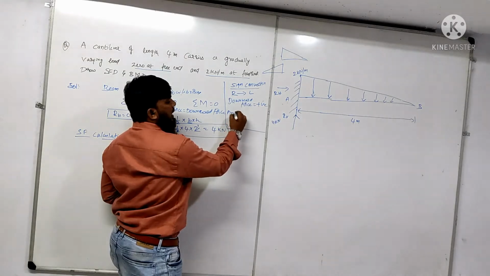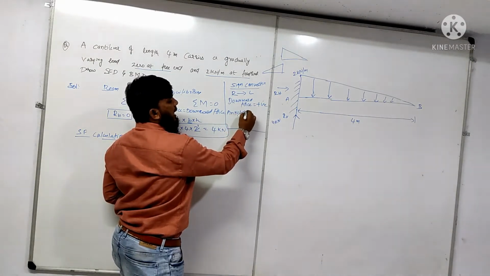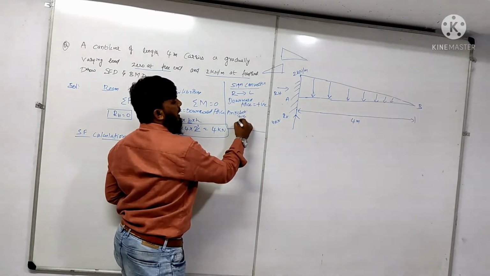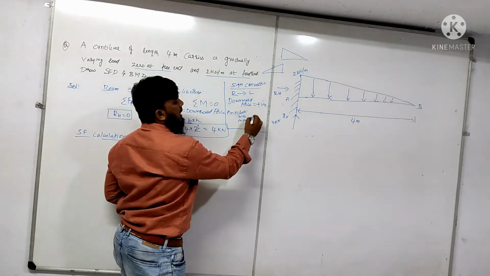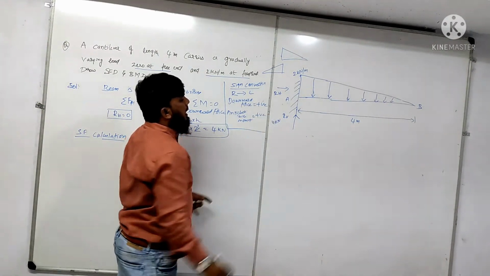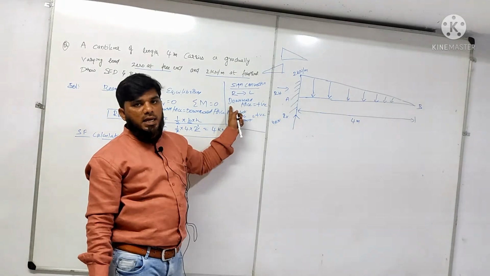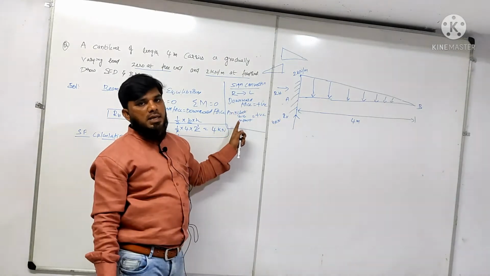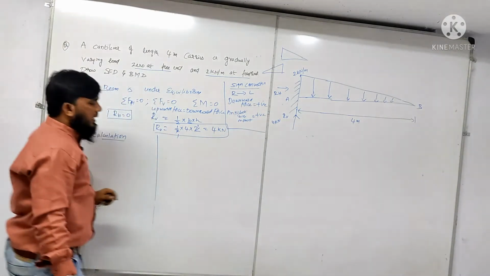Next, anti-clockwise movement should be considered as positive. Means the upward should be taken as negative, and the clockwise should be taken as negative according to this sign convention.